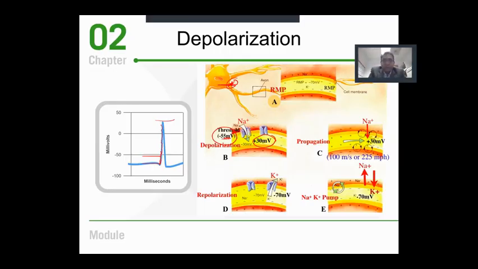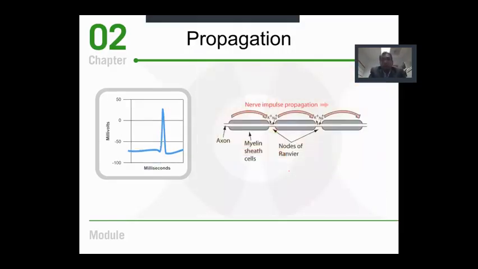Then this action potential is transmitted along the length of the neuron from one node of Ranvier to another node of Ranvier. This is called propagation. So the action potential is generated here.